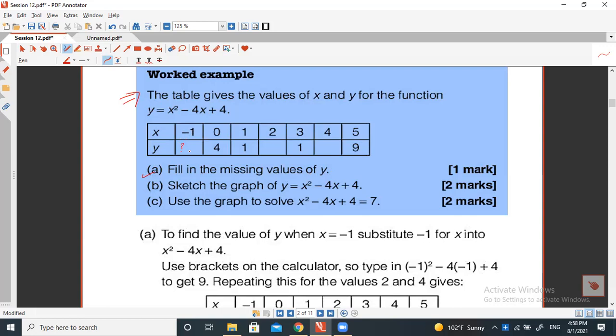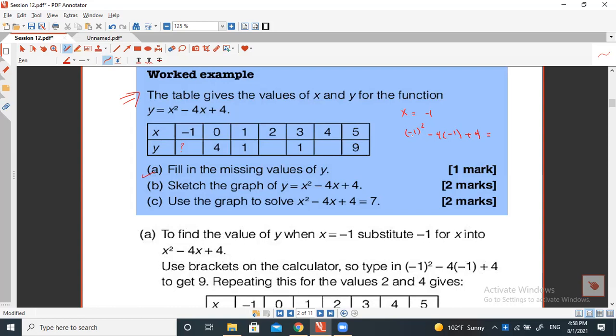Omar. Here we do minus 1 squared, then minus 4 bracket minus 1, plus 4. Exactly.